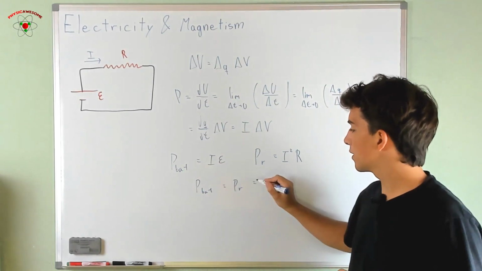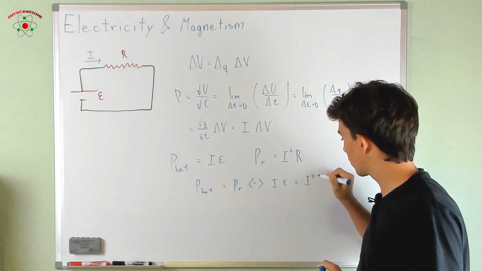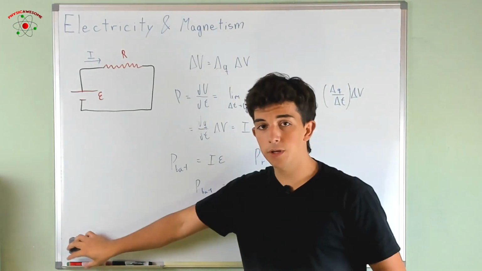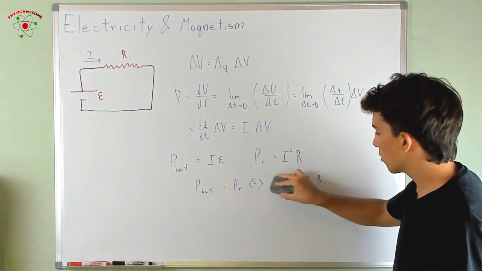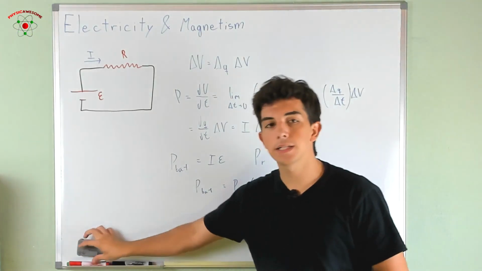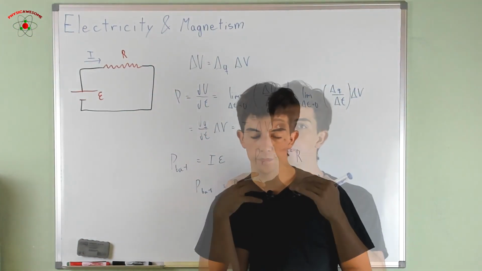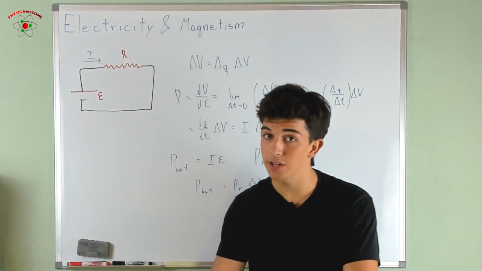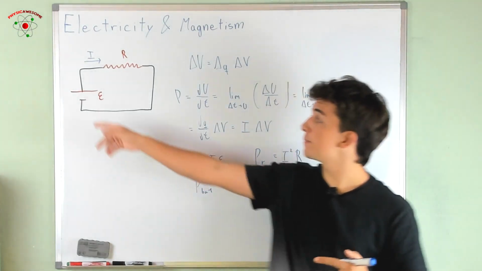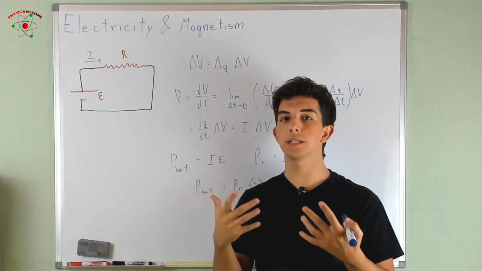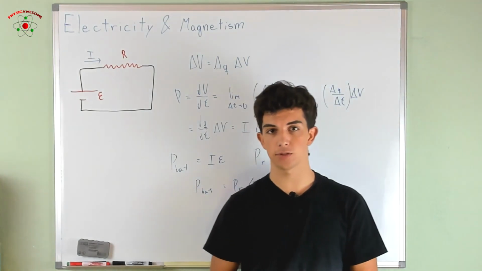And what we have is that this gives I epsilon equals I squared R. And if we take out the extra factor of the current, what we find back is the second Kirchhoff law for this small circuit. We conclude that the fact that the energy that has to go in has to go out is related to the fact that the voltage across a loop is equal to 0. In fact, it's probably the explanation of why it is this way.